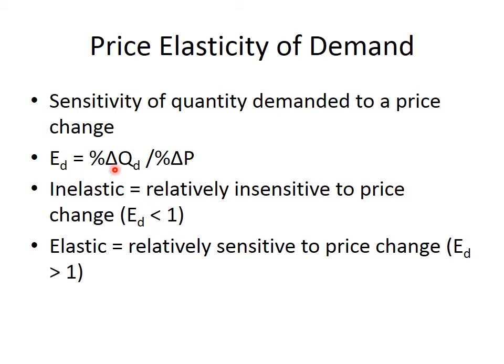Whereas if the numerator, in this case the quantity demanded, is greater than the denominator, which is the percentage change in price, you're going to have a number that's greater than 1. And so we'll call it elastic, which means that if it's greater than 1, it's a greater sensitivity of demand. Demand is more sensitive to a price change than if it's less than 1.